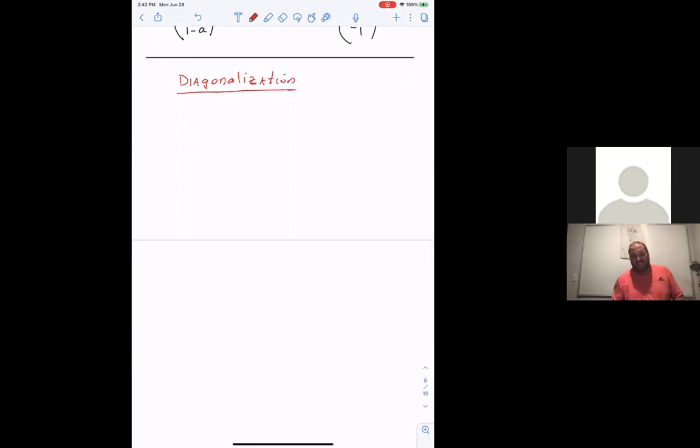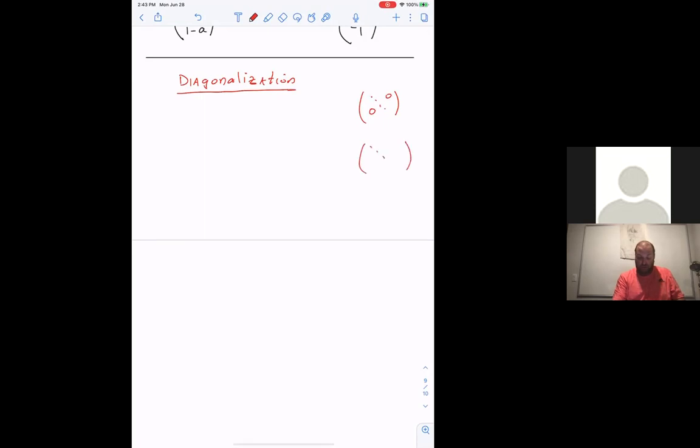The idea of diagonalization is taking a matrix and rewriting it in a way that makes the matrix diagonal. What does diagonal mean? Numbers could be here, but zeros are everywhere else. In the case of a 2 by 2 matrix, a diagonal matrix would have whatever numbers there, maybe 0, maybe not, and zeros off the main diagonal.